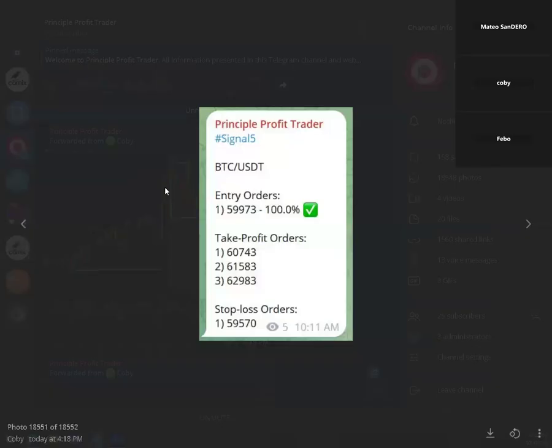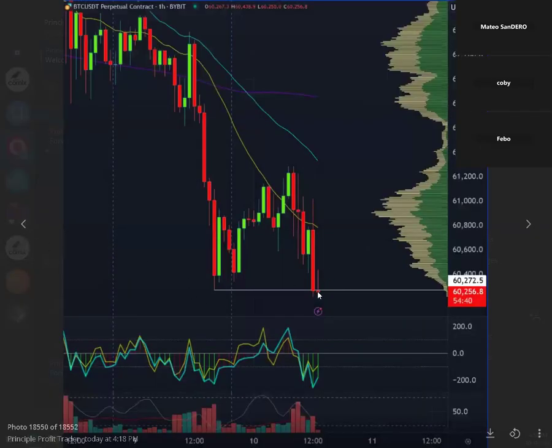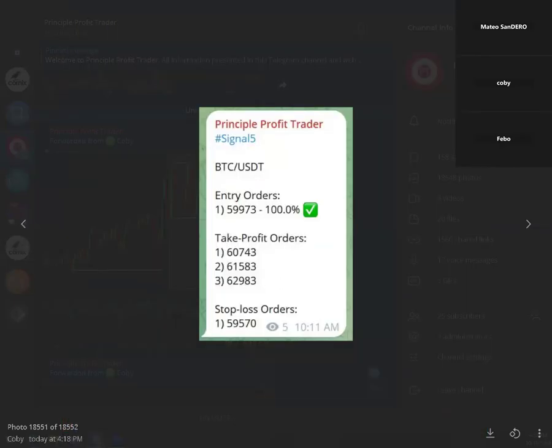So we entered at 59973, and I think the low of that bar was 59966. We don't have that chart, but you can look that up to verify.